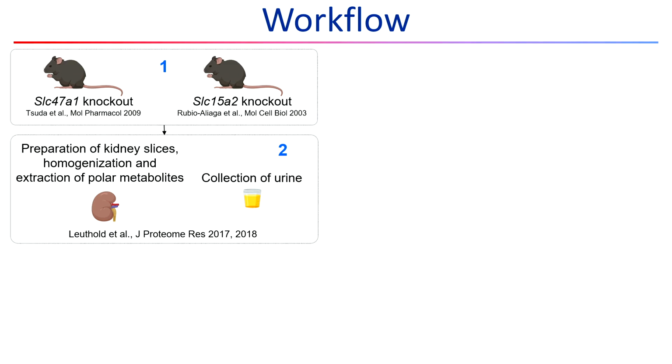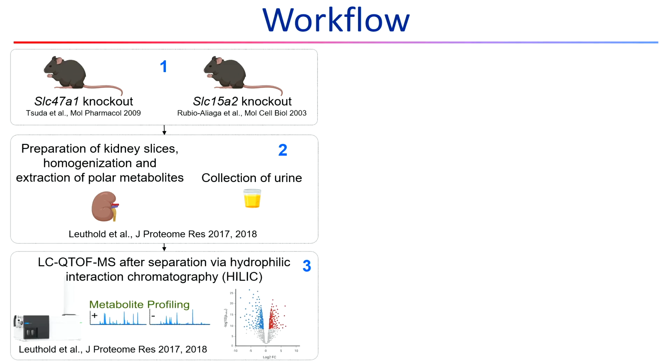And also we collected urine. Then we subjected the kidney homogenate or the urine to hydrophilic interaction chromatography, in brief HILIC, and then did an LC-MS analysis, and hopefully, or we expected to get something like a volcano plot where we can see endogenous metabolites higher or lower in the knockout mice.